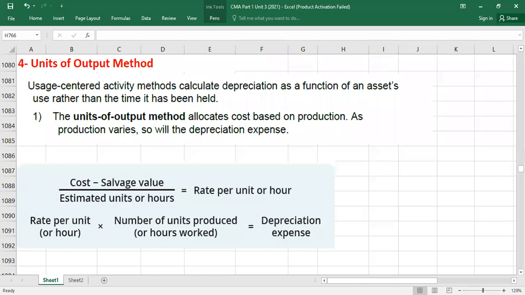It's also called depreciation based on actual production. Just after this, we have 2 more methods to go, then we have questions. In total 6 methods I'm teaching. This is the 4th one. Understood? So here we are going to talk about units of output method.